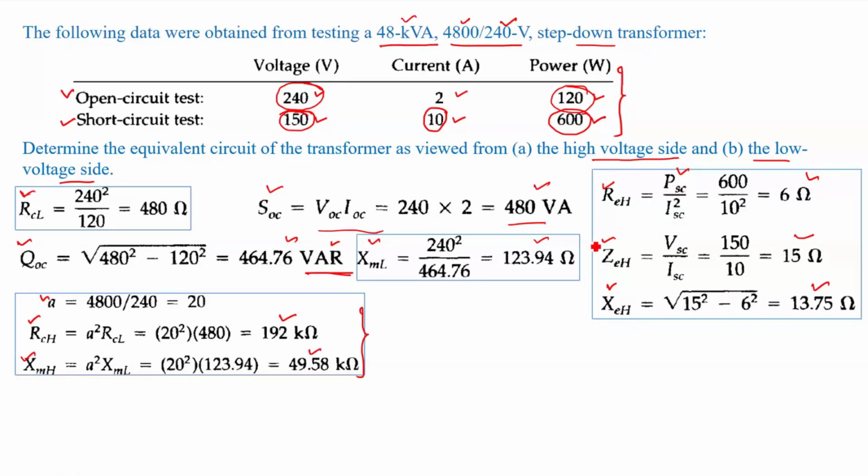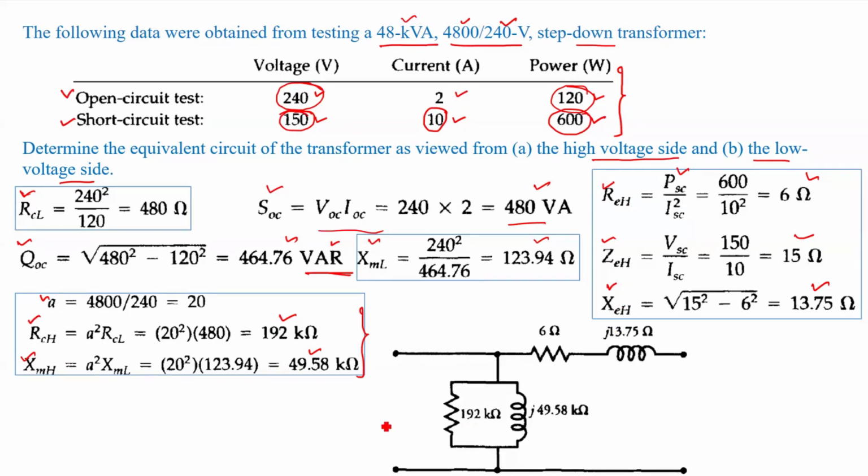Now all the high voltage quantities we know, so I can draw the equivalent circuit referred to the high voltage side. All the parameters on the high voltage side I know: RCH, XMH, REH, XEH.